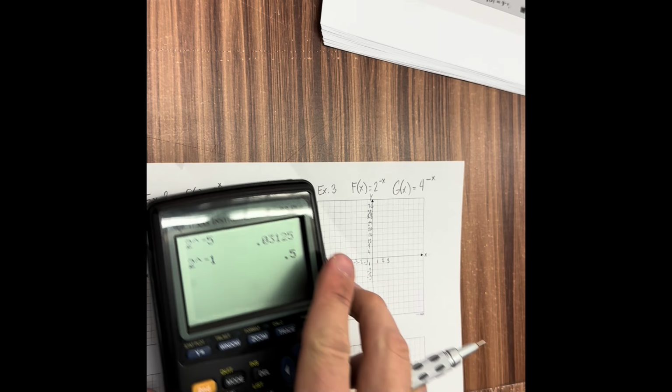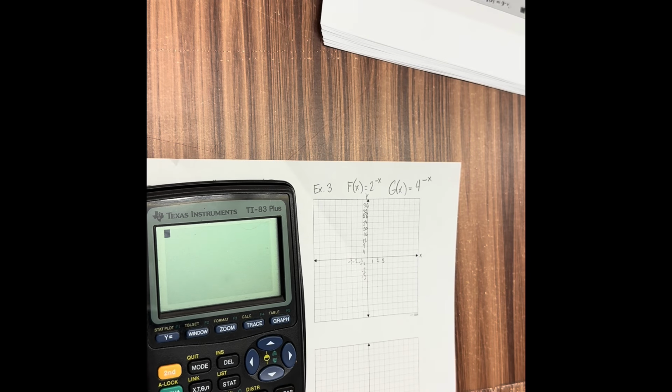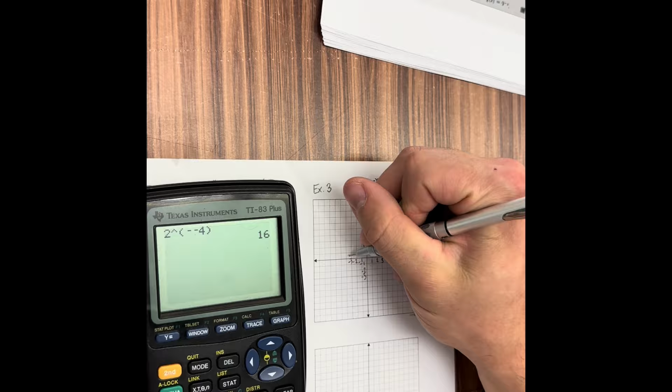And then we're just going to plug in some values here. First we'll go 2 to the power of -x, and let's say we plug in -4 first. So 2 to the power of -(-4), or 2 to the power of 4, which would be 16.